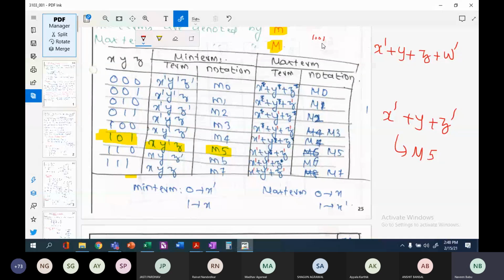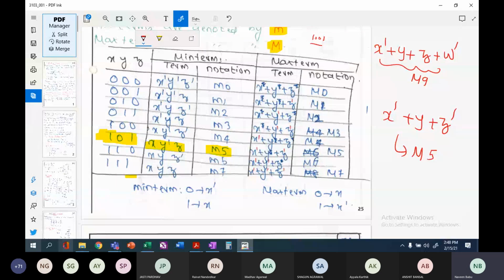So 1001 corresponds to 9. So this max term is equivalent to M9. How did I write 1001? I complemented this value. This is actually 0110. I complemented all the terms here, which came out to be 1001, and its decimal equivalent is 9. So the max term of this is M9.